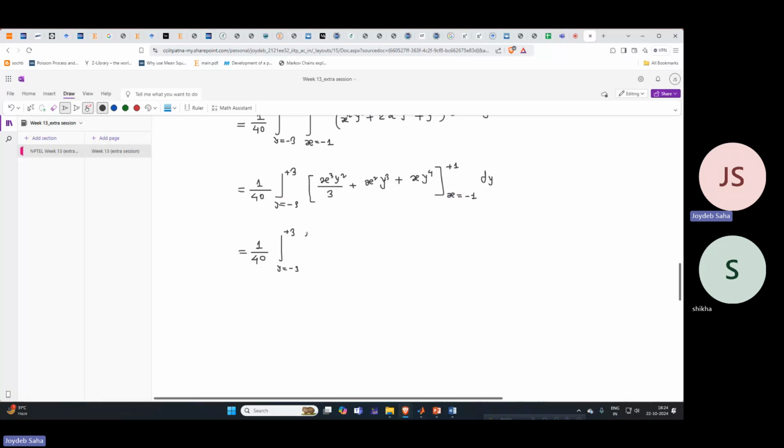If we put the value, we will get y square upon 3 plus y cube plus y to the power 4 minus, if we put x is equal to minus 1, we will get minus y square upon 3 plus y cube minus y to the power 4. Dy.